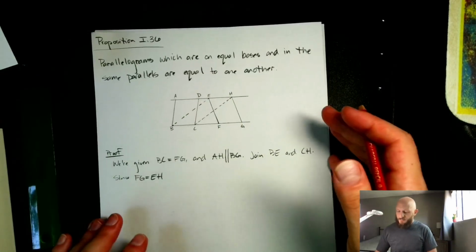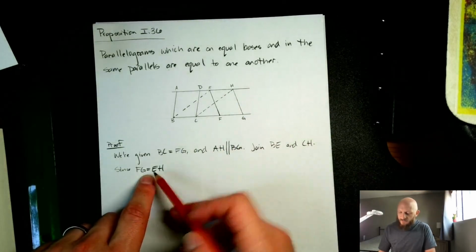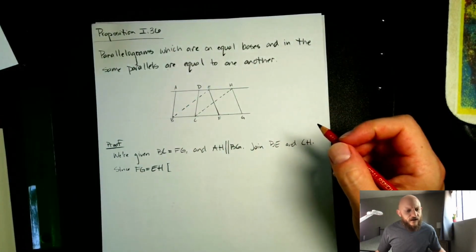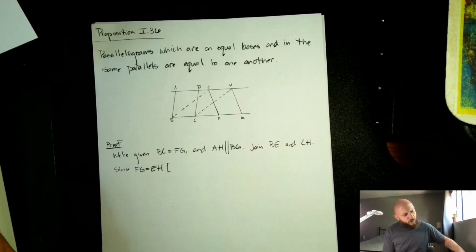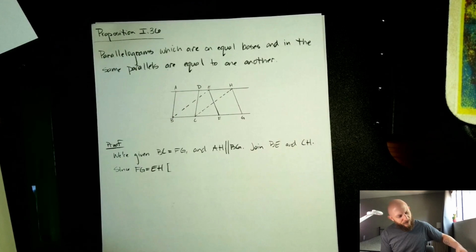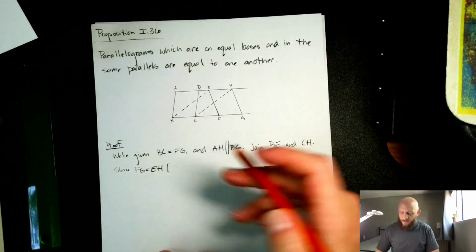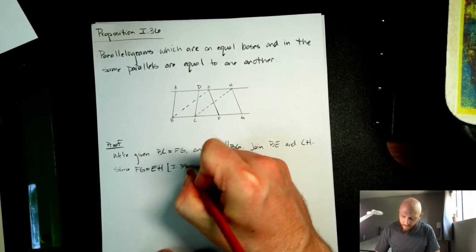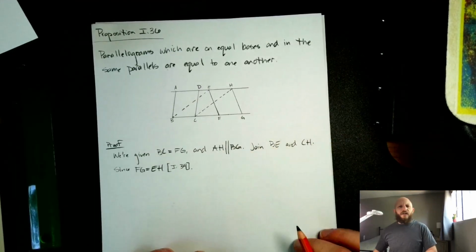So that's what we want to prove, and the intermediary step is FG equals EH, but we're not actually given that. So I think that needs to be justified, and I believe that was Prop 34, because Prop 34 says that in parallelogrammic areas, the opposite sides and angles are equal to one another. So I think we should state that. That's where this comes from, because we aren't given it straight away, the way I see it.